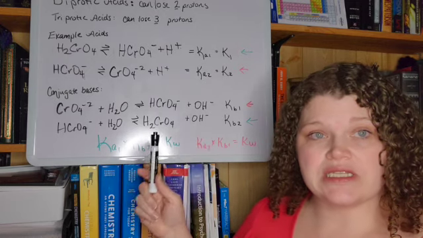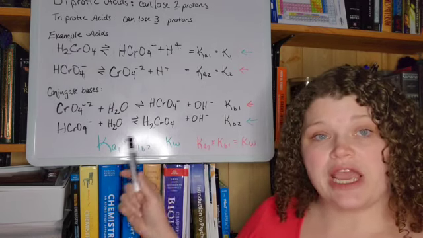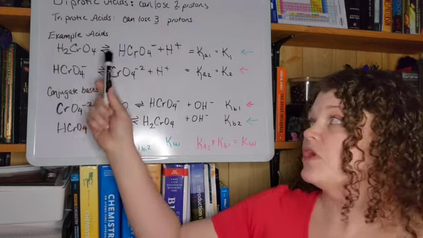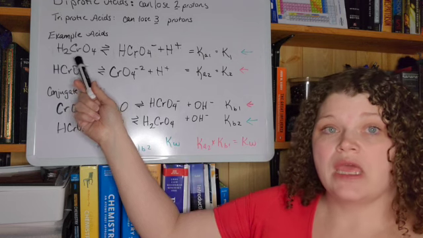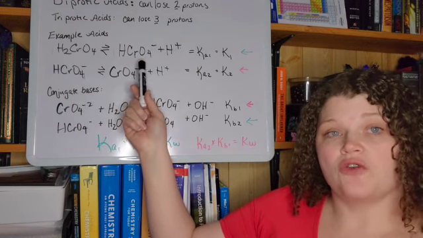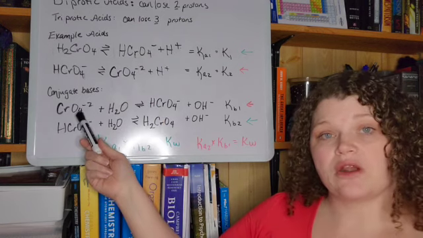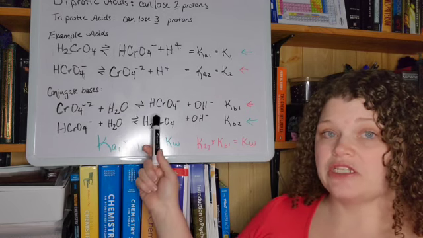The reason for this is that we have to match up our species in the reactions in order to put the numbers together. So in our first reaction here, we've got H2CrO4, and then it's going to dissociate into HCrO4 minus. Now let's look at our Kb values. Our first one here, we start with CrO4 2 minus and then go to HCrO4 minus.